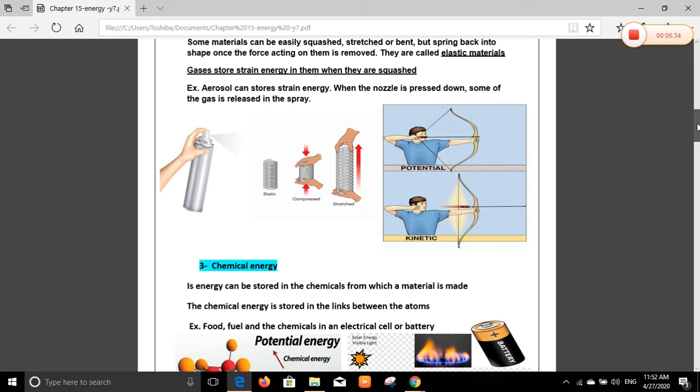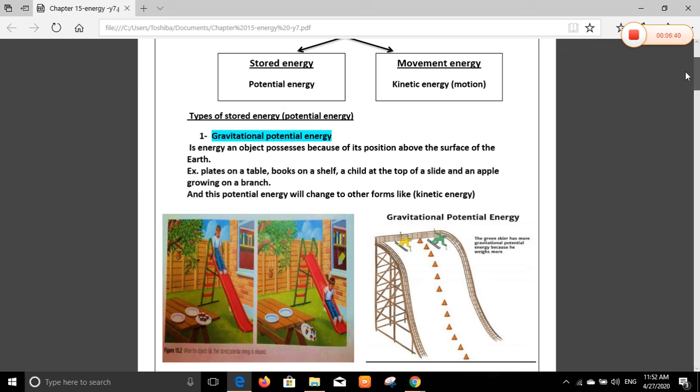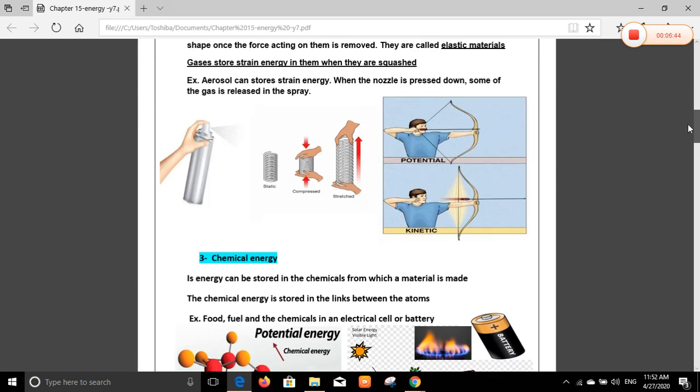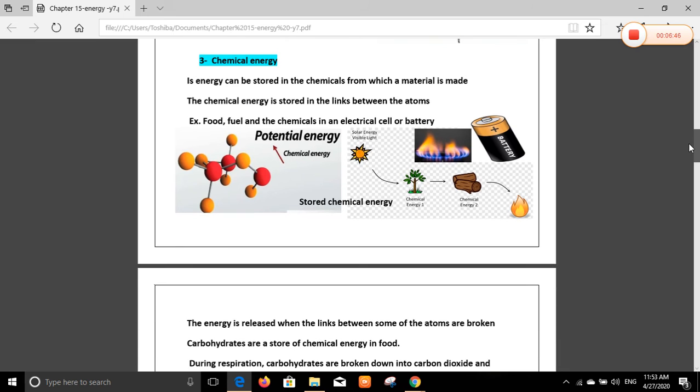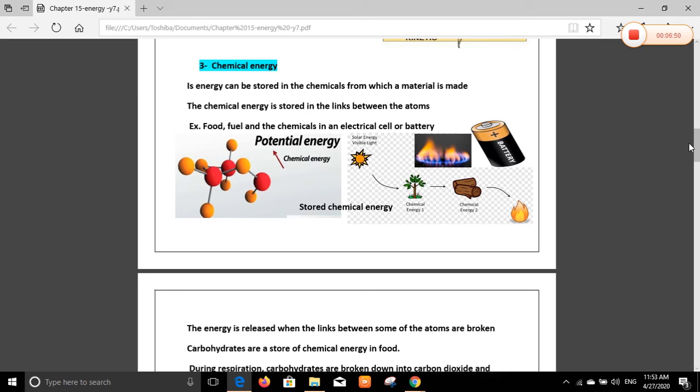Let us review together. Number 1, gravitational potential energy. Number 2, strain energy. Number 3, chemical energy. What is meant by chemical energy? Chemical energy is energy that can be stored in the chemicals from which a material is made. The most famous example is water.